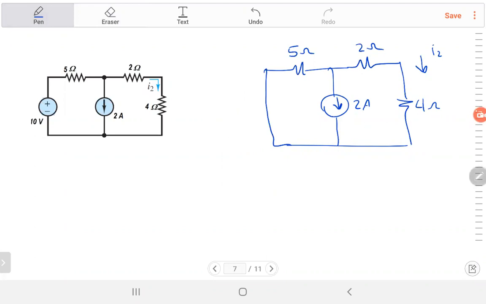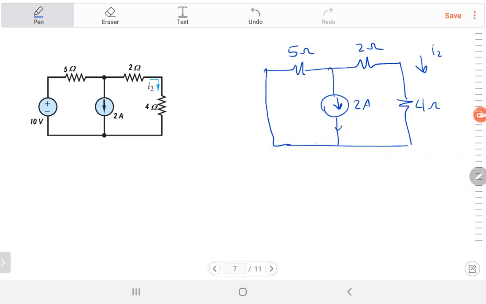Okay. Now you want to find the current in the 4 ohm. So what will you do? What do you think? How can you find the current here in the 4 ohm? There were 2 lectures before this lecture.